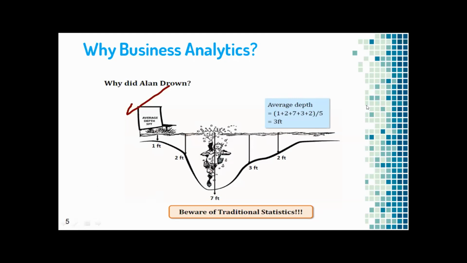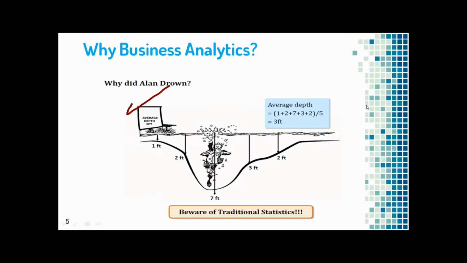So here the normal average we have calculated. That's why it's written at the bottom, beware of traditional statistics. We are not doing calculation over here. It's not theoretical, so it's practical, so we will have to think practically. Average depth can be adding all and then dividing.